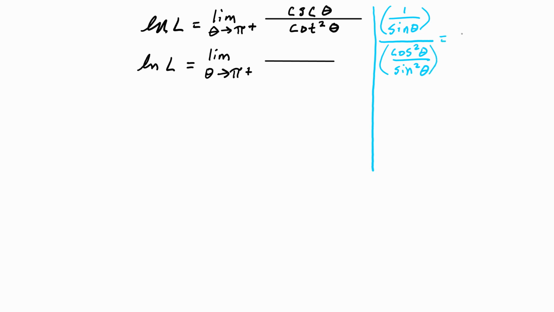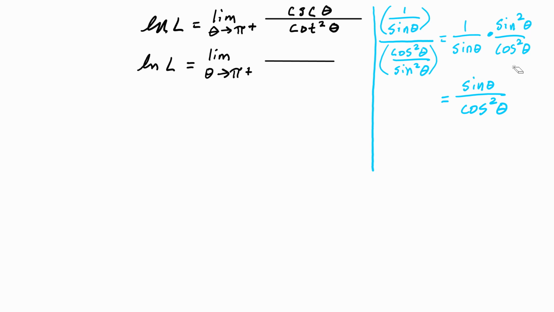So we can turn that into 1 over the sine of theta times the reciprocal of the denominator, which is sine squared of theta over cosine squared of theta. Now the sine theta here will cancel 1 of the sine squareds up in the numerator, so we end up with sine of theta over cosine squared theta.